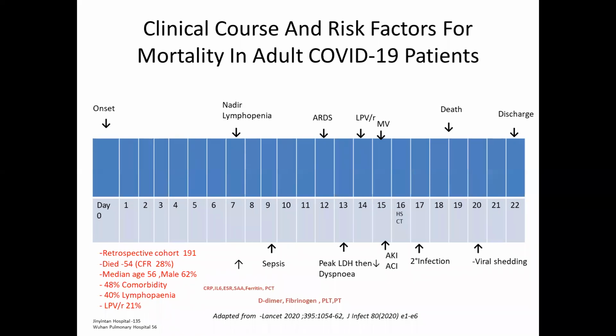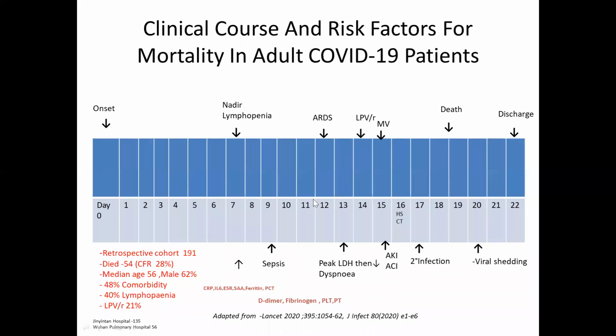Now, one of the things I want us to appreciate is that in this Wuhan experience, lopinavir, which is a protease inhibitor antiviral drug, was given on day 14. So that will be important in our subsequent discussion, because we know that in the first 7 to 10 days, when you have intense viral replication, antiviral drugs would be very useful.